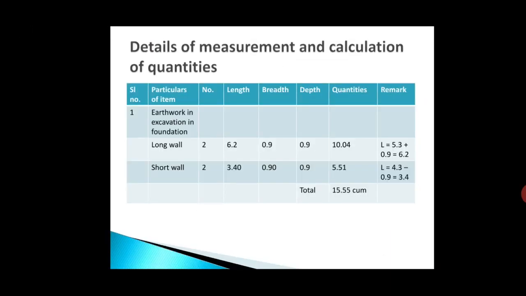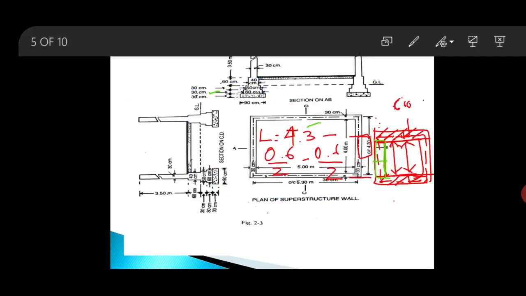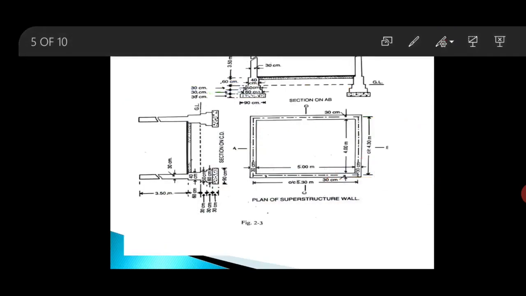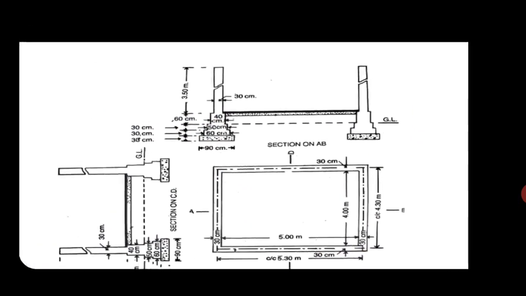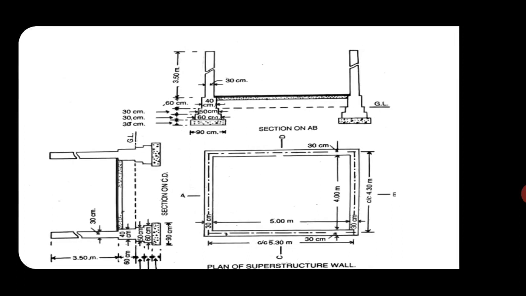So for brickwork in superstructure, this work is above the plinth wall. You can see, the brickwork that is done above the plinth wall is known as brickwork in superstructure.